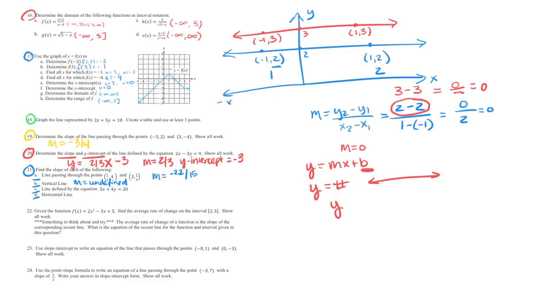So this will always just be a number, and you'll have an arbitrary 0 in front of this x as the slope equals 0, which basically just makes this term go away. So that's how we know for a horizontal line that the slope is just 0.